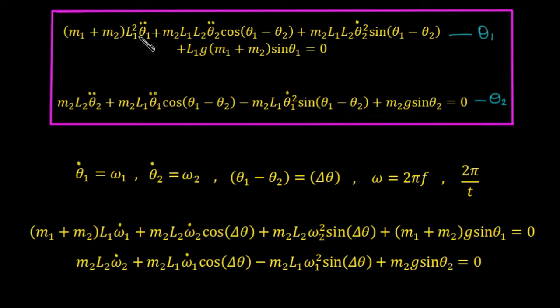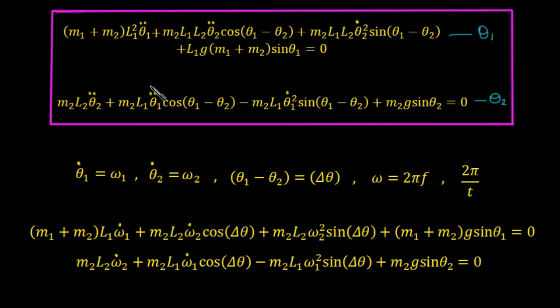And if you notice, there's an L1 in this term, an L1 in this term here, and an L1 in this term, and an L1 here, and the whole equation is equal to 0, so it means we can cancel out these L1s.